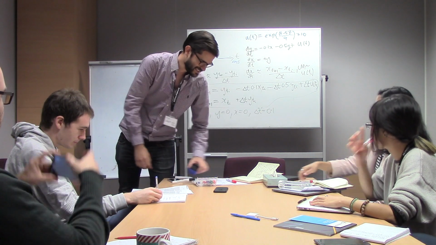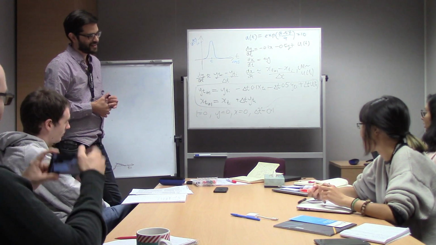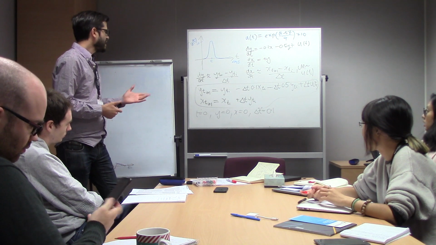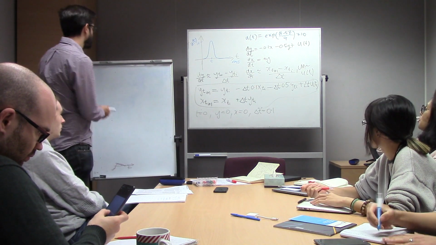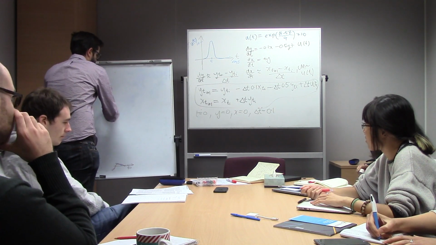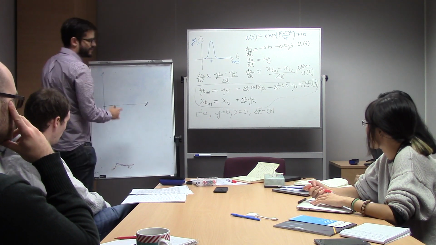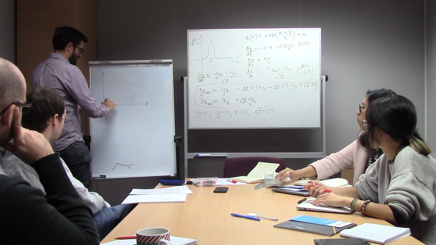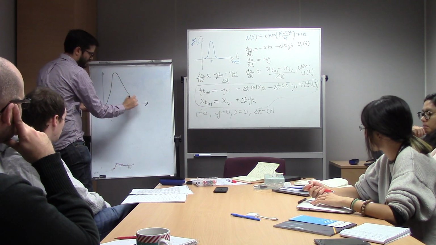Good. I'm glad you all saw that. Now, how does this look? If we put it through a computer, this is what you should get. I'm going to show you the answer, but I want you to do it as well. You should get the frogs going up and down, as I showed before.